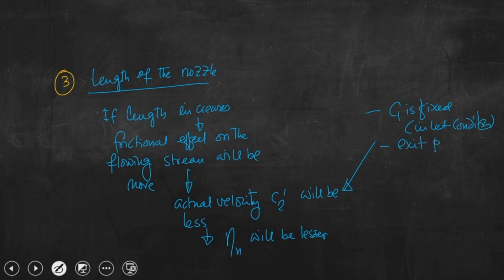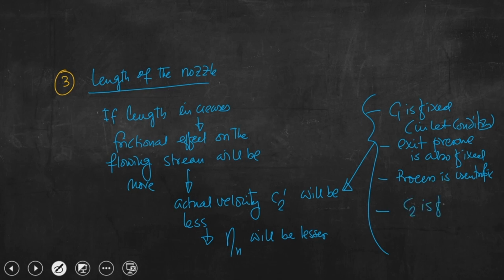Exit pressure is also fixed. Process is isentropic, hence C2 is fixed. Okay, C2 is fixed, right. So that means inlet conditions are constant, that we have discussed in the last class.